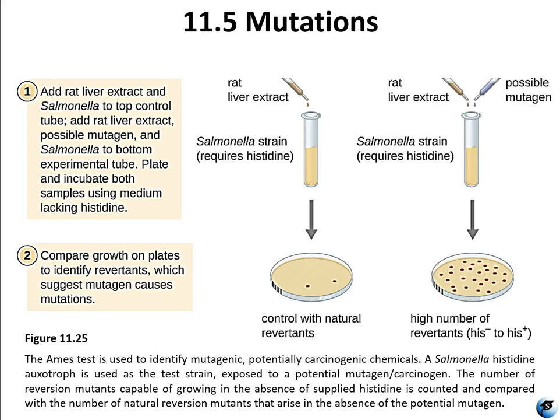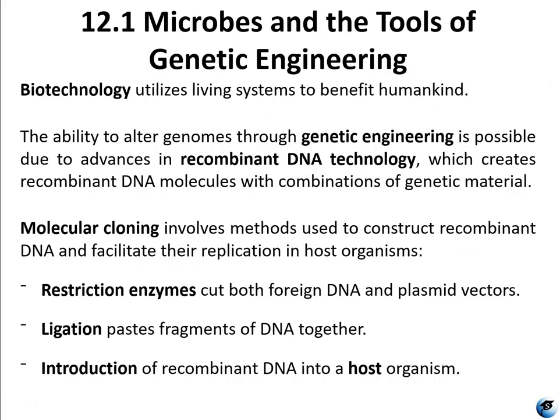This is kind of the control, and this is the test. If they have a lot of growth on this plate, then that means that possible mutagen is in fact a mutagen and most likely can cause cancer. So that's good to know.